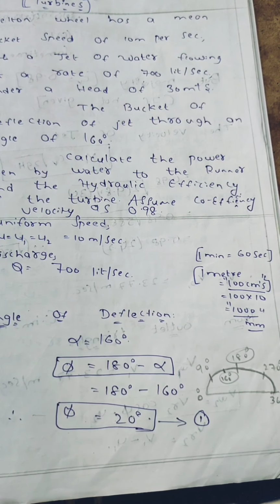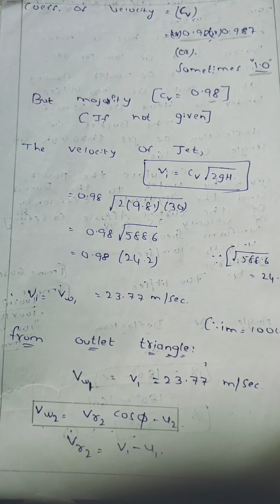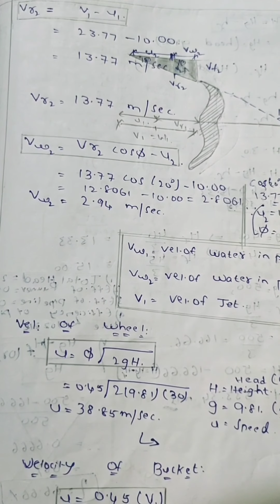Next, we have to find the Vw2 value, so Vw2 equals Vr2 cos phi minus U2. First finding Vr2, which is V1 minus U1. V1 is the velocity of the jet and U1 equals U2 equals U, which is 10 meters per second, as I said earlier.